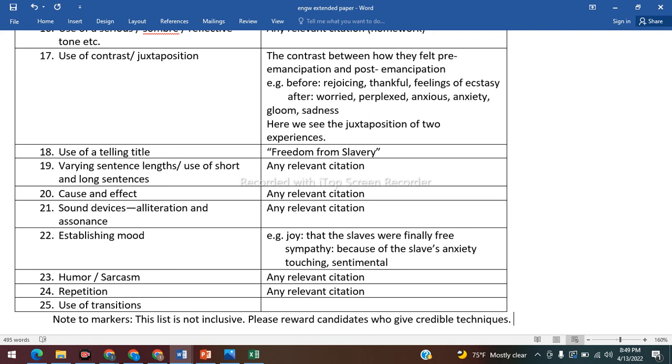And when we see it, we add it to the mark scheme. So if you have an idea that makes sense and is applicable, then use it.